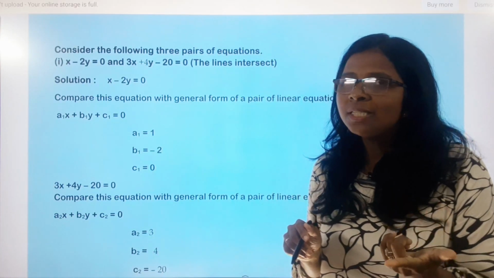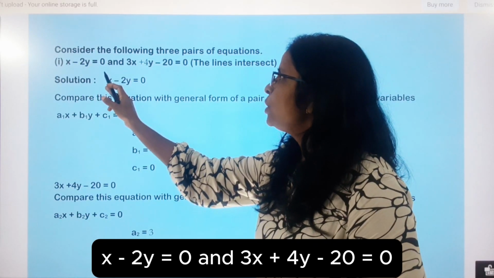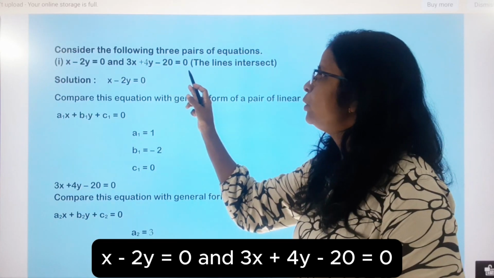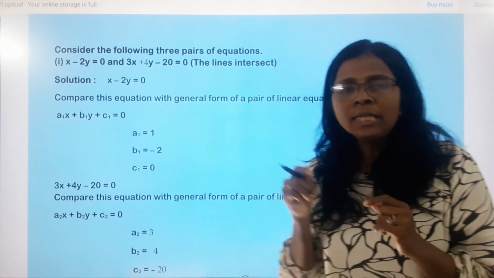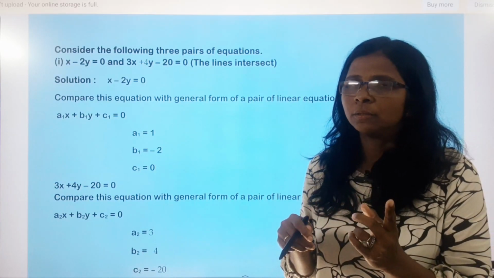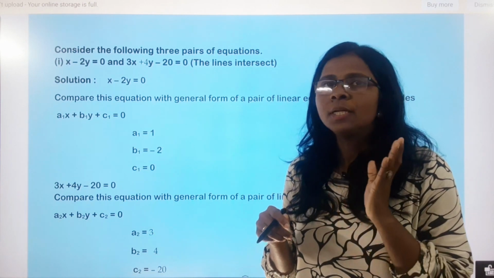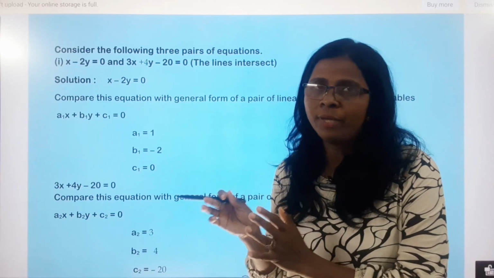Okay? So the first example is x minus 2y is equal to 0 and 3x plus 4y minus 20 is equal to 0. So let us see whether this pair of linear equations is consistent or inconsistent. We have to see the consistency of this pair of linear equations in two variables.